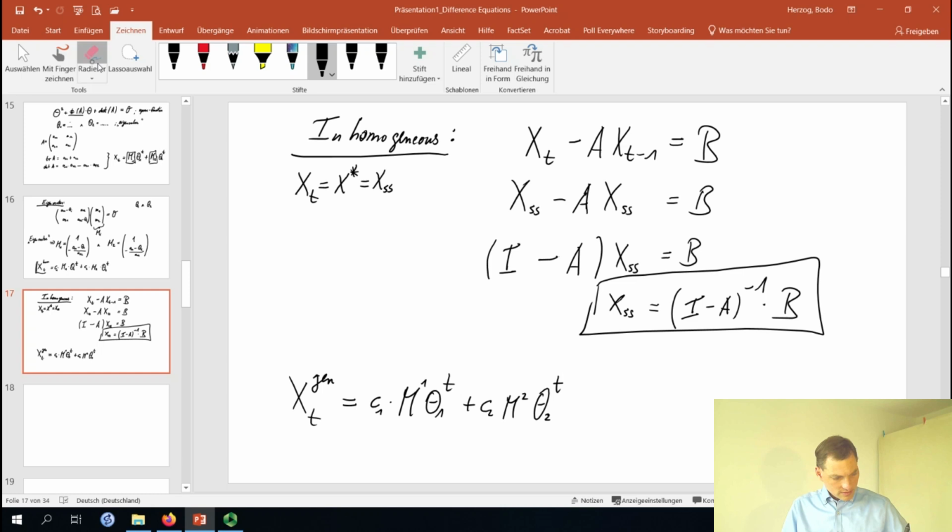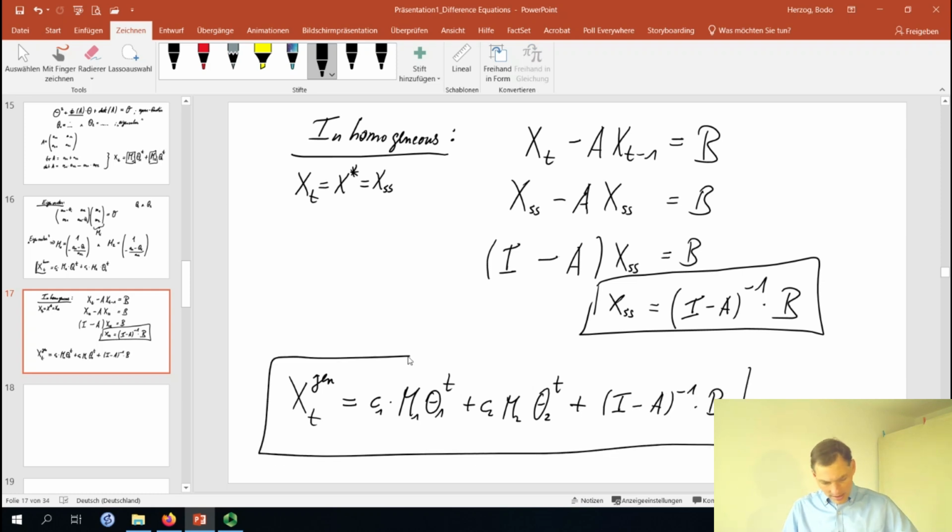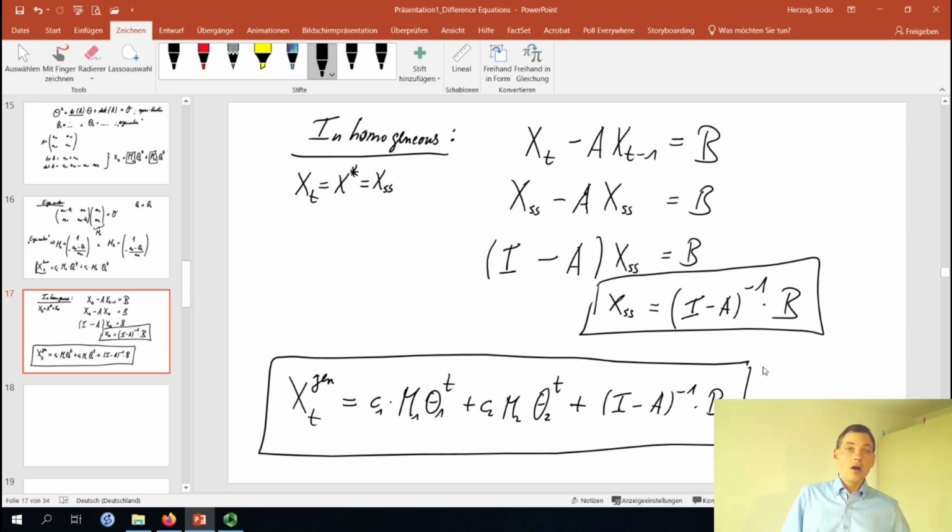I wrote it not as a superscript, I always did it as a subscript here, 1, 2, plus the inhomogeneous solution, which is the identity matrix minus A inverse times B. And that is the general solution of a system of first order difference equations.